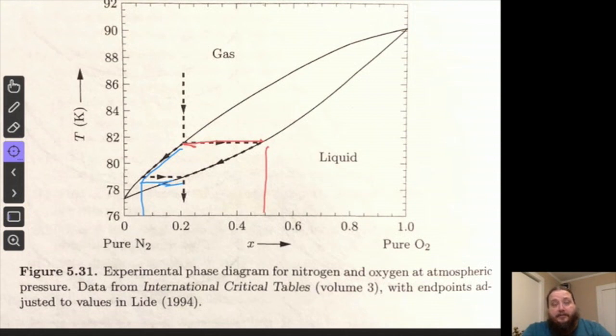Again, it depends on the crystal structures strongly. What we'll look at next here is what happens when you have a miscible liquid mixture that then descends below the freezing point, but in the much more common case where the two substances in our mixture do not have compatible crystal structures, and what happens then.